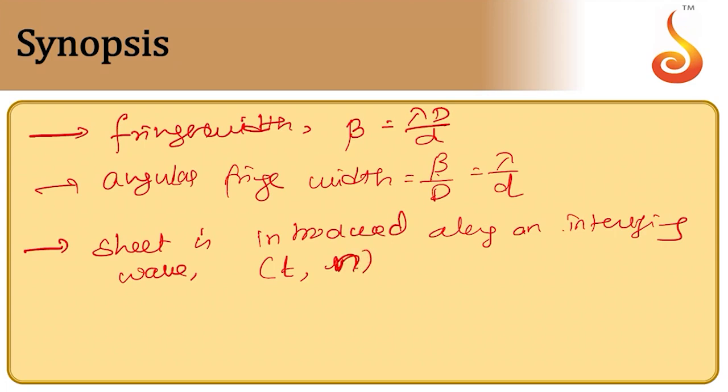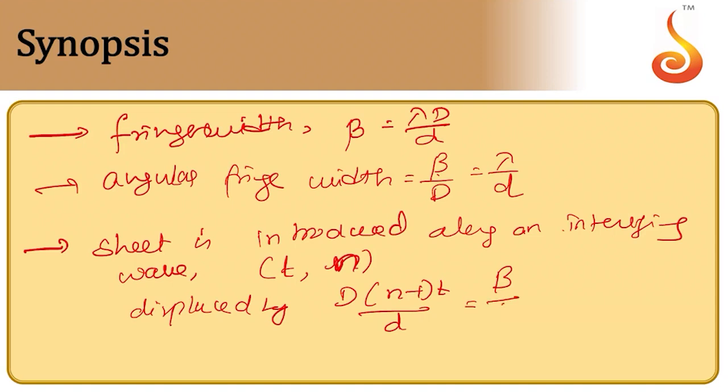Then the fringe is displaced by this distance D into (n minus 1) into t divided by d. This can also be written as beta divided by lambda into (n minus 1) into t. And it is shifted towards the side in which the sheet is introduced. But the fringe width, remember, remains the same. There is no change in the fringe width.